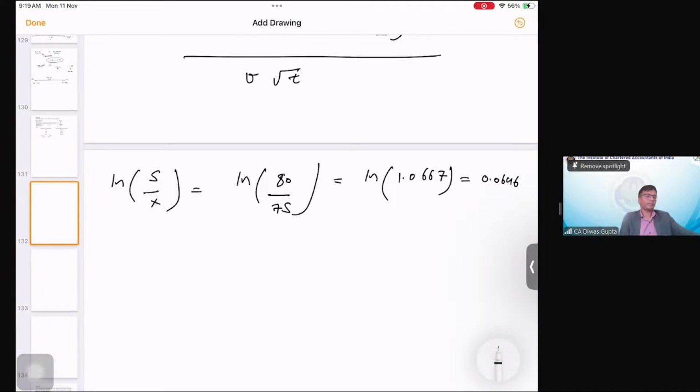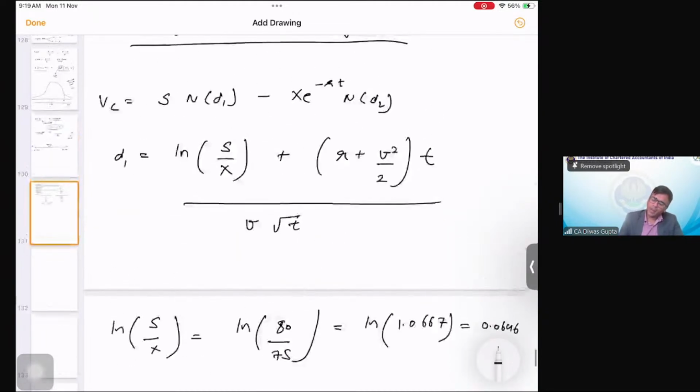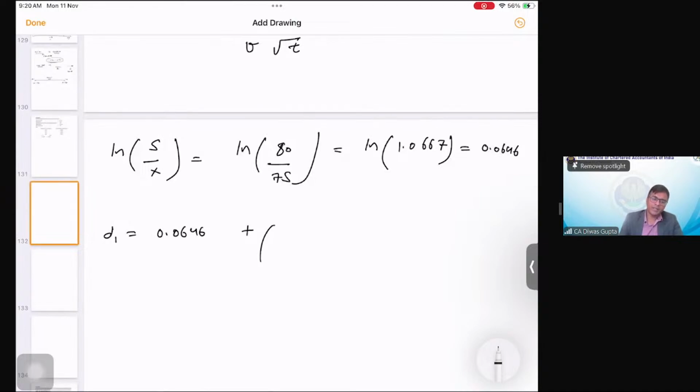Easy. So d1 will become 0.0646 plus R plus V squared, right? So R is 0.12 plus volatility squared, 0.40 squared, divided by 2, whole multiplied by T.